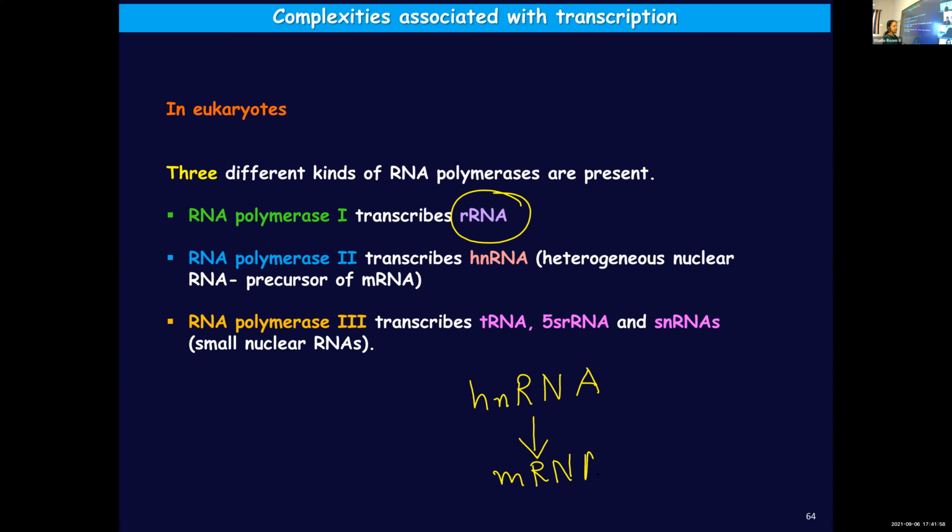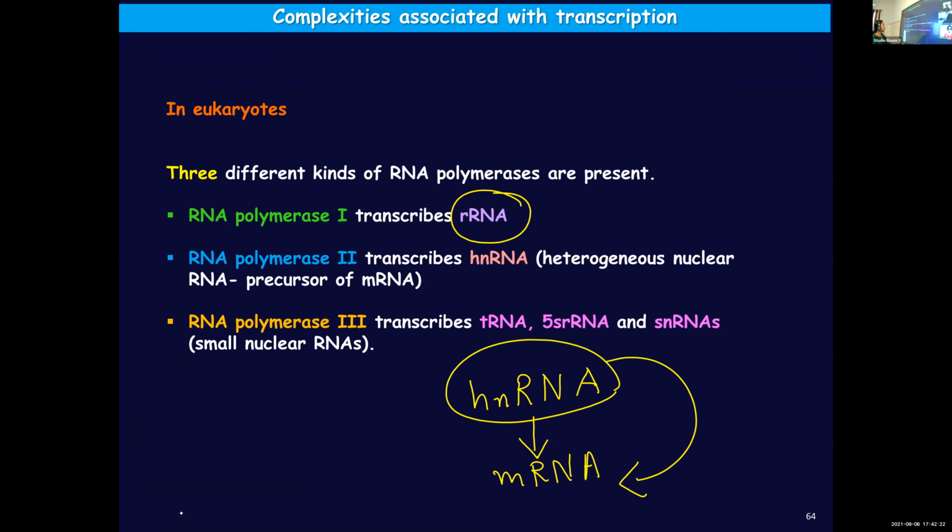That is why it is mentioned as the precursor of messenger RNA. So which enzyme is concerned with the transcription of hnRNA? RNA polymerase 2. Then RNA polymerase 3.